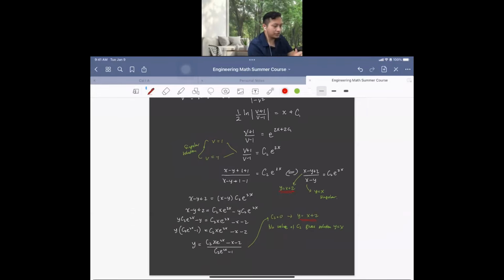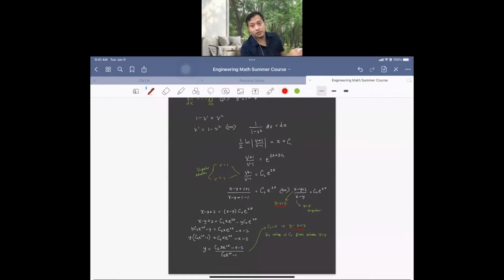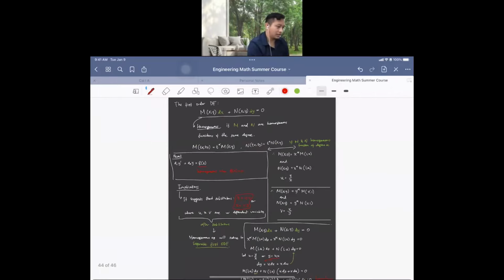But here, I would like just to show you that some certain substitutions might work. So you can think of many ways to substitute, not only limited to the homogeneous one.